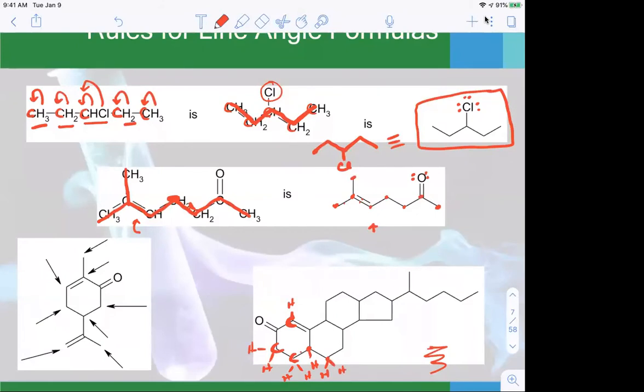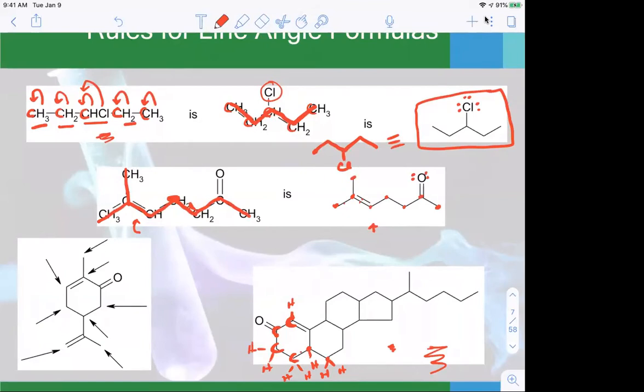So you want to be able to actually go ahead and write the condensed formula, which has all the hydrogens and the carbons, and also these line angle formulas. And this takes practice.